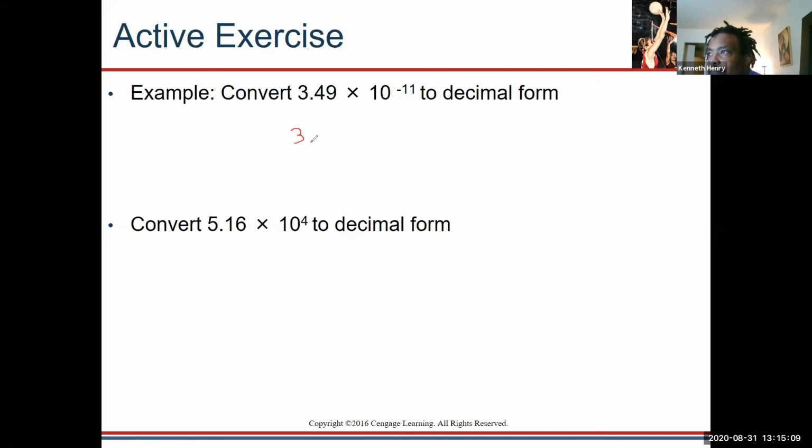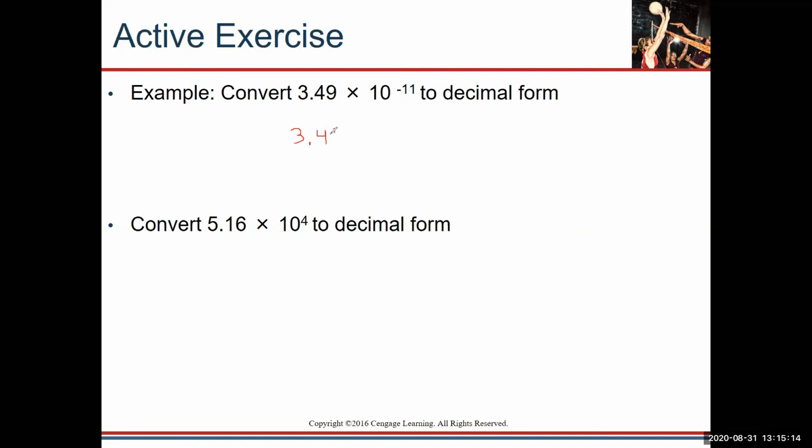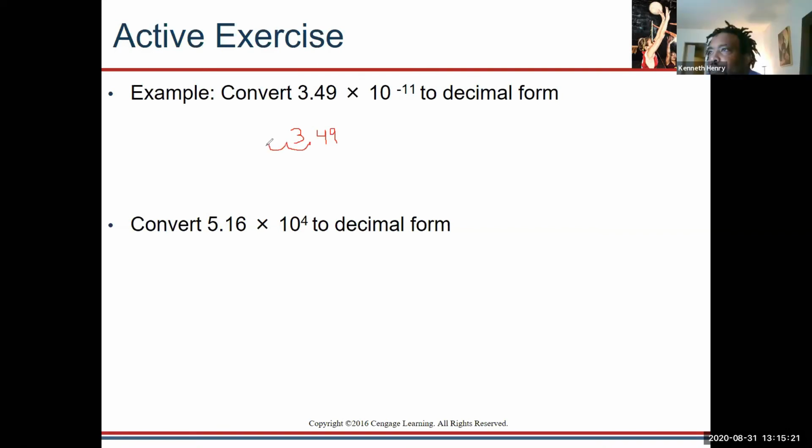So I have 3.47. So what do I need to do with the decimal? Move the decimal point 11 times to the left with zeros. 1, 2, 3, 4, 5, 6, 7, 8, 9, 10, 11. Okay, so that's 0, 0, 0.